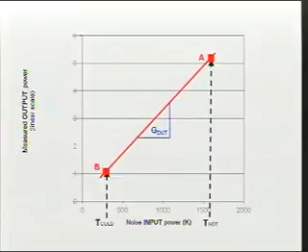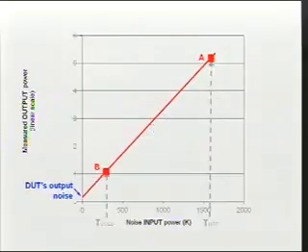To get the noise figure, we then have to extend that line downward. Imagine if you had a noise source that you could plug into the front of the DUT, which had a noise temperature of 0 Kelvin. It generates no noise power at all. Then what you've measured there is the DUT's own output noise.